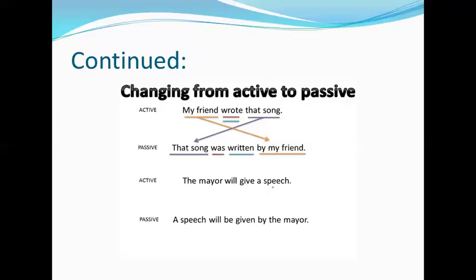To change the sentence into the passive voice, we place that song in the subject place and my friend in the object place. The sentence will be, that song was written by my friend. Another example, the mayor will give a speech. A speech will be given by the mayor.